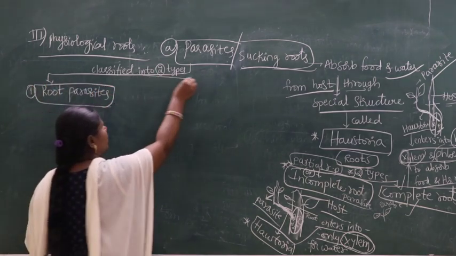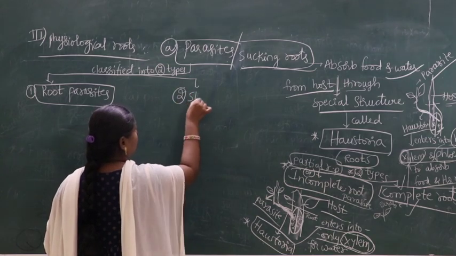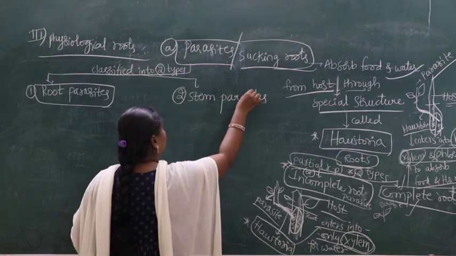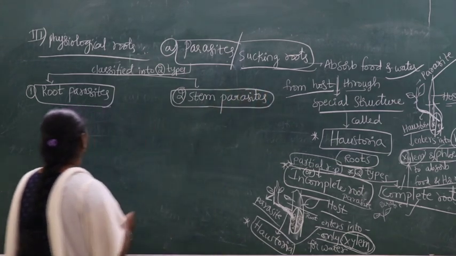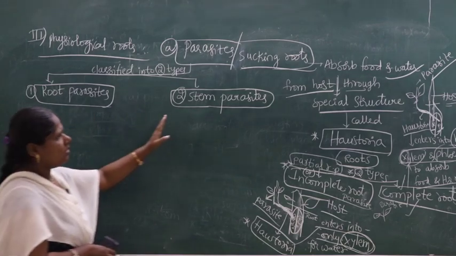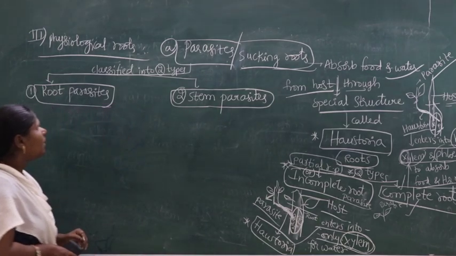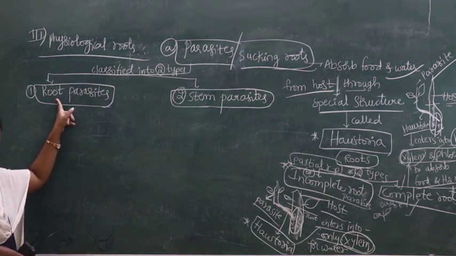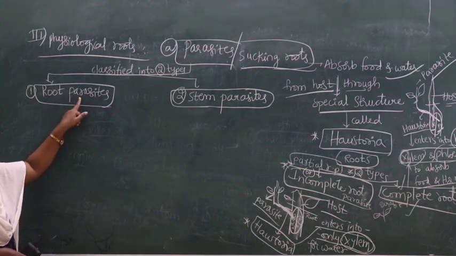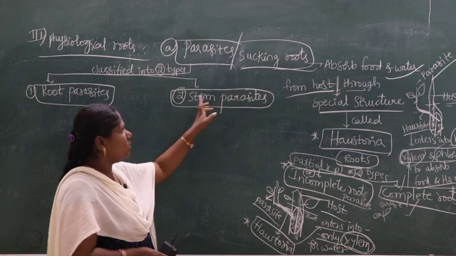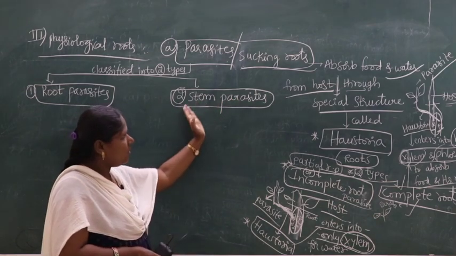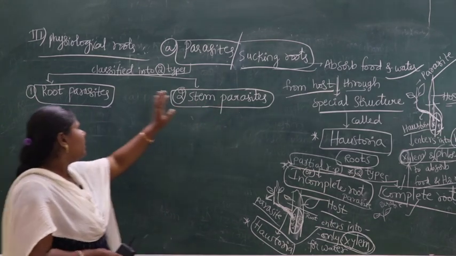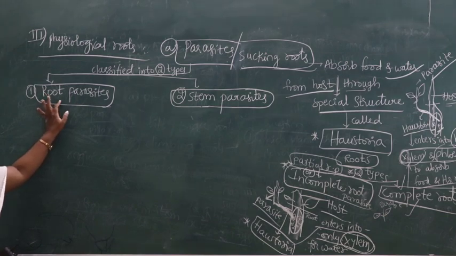And let us take the second one: stem parasites. Root parasites means the parasite depends on root for food and water or only for water. They are called root parasites. If the parasite depends on stem, then they are called stem parasites.